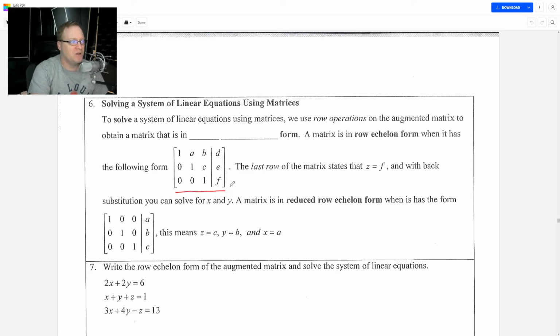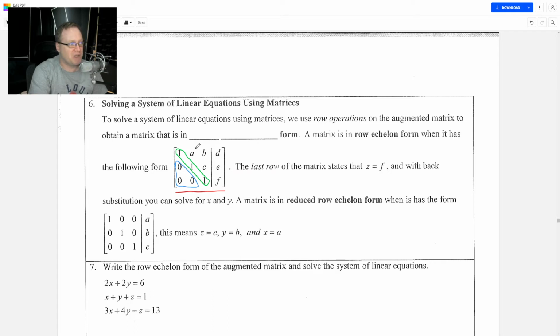Now, what is special about this? Well, you can see here that on the diagonal there are ones. So we want to make the diagonal of our matrix have only ones: 1, 1, 1. And then the other important thing is that underneath the diagonal has to all be zeros: 0, 0, 0 underneath the ones.